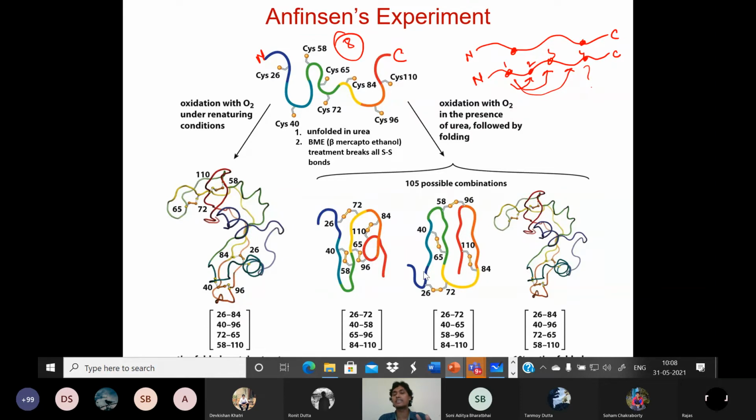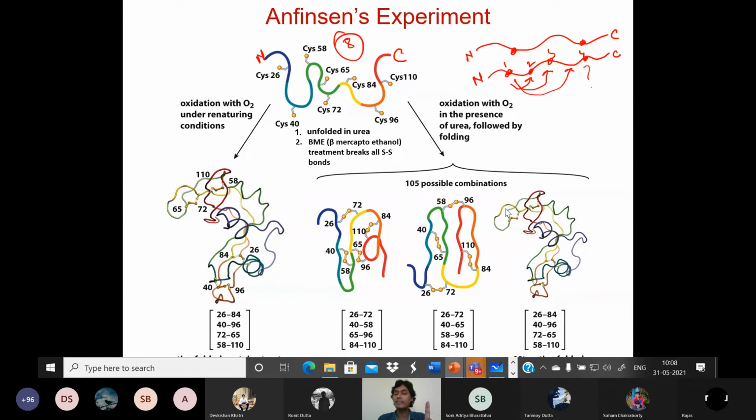In the next experiment, whatever I explained just now on the right side, why only 1% of proteins are active. In this experiment you will have around 105 possible combinations of different types of folds, and out of that I told you protein exists in only one condition, the native condition.